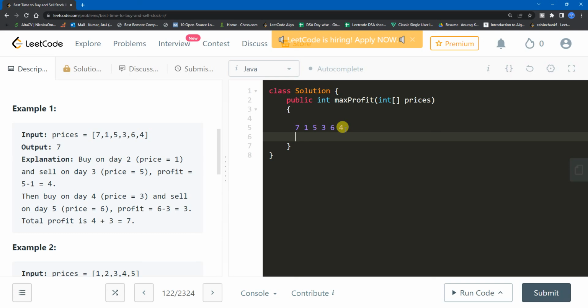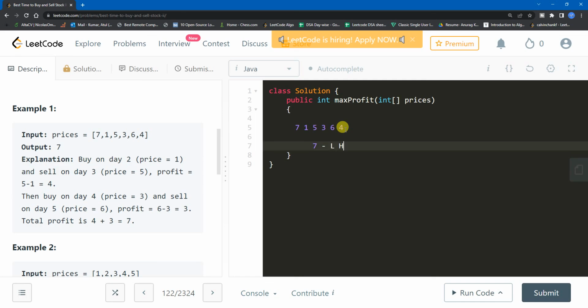So for each day we have two options. For day 7 we have two options: either the value is lower or higher. For each day we have two options.